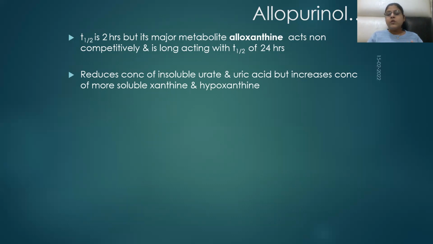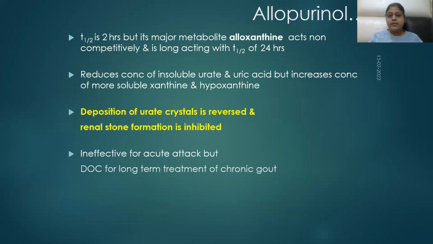It reduces the concentration of insoluble urate and uric acid, but increases the concentration of soluble xanthine and hypoxanthine, because they inhibit xanthine oxidase. So levels of xanthine and hypoxanthine will increase, but levels of uric acid in the body will decrease. Means they inhibit the formation of uric acid. So deposition of uric crystals is reversed, and renal stone formation is inhibited.